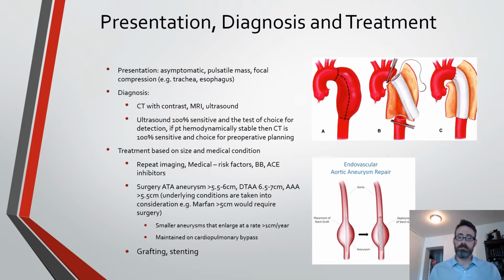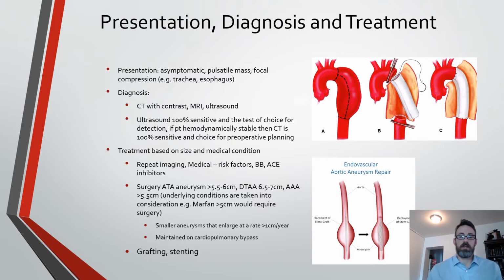In terms of surgery, if they meet the qualifications, it's based on studies demonstrating that at certain sizes, the risk jumps significantly more than if the aneurysm were just followed, or more than the risk of undergoing surgery itself.